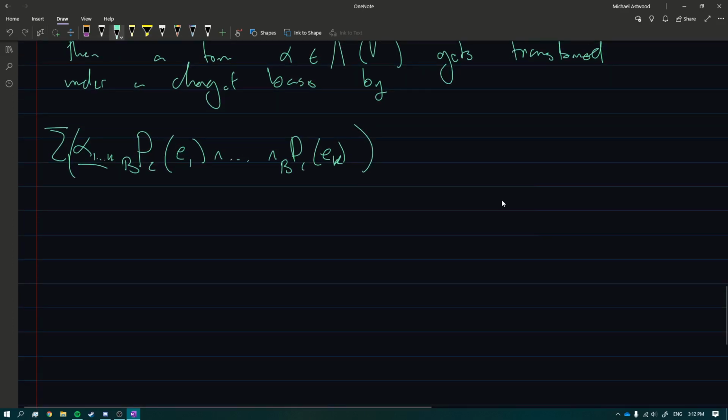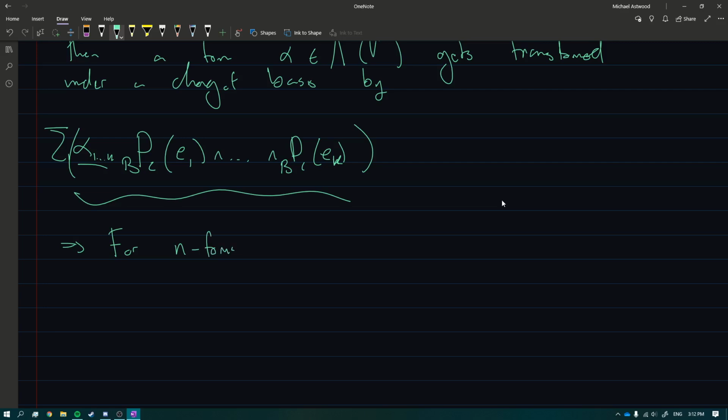So for top forms, so n forms on V with dim V equals n, alpha gets transformed to the determinant of the transformation times alpha. So this is called the determinant formula.